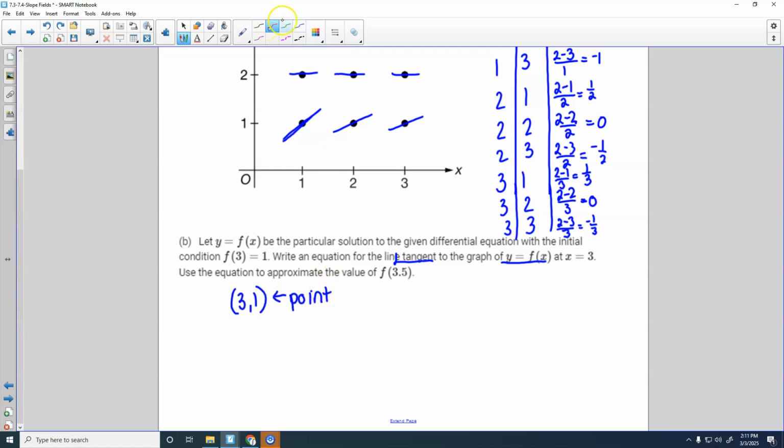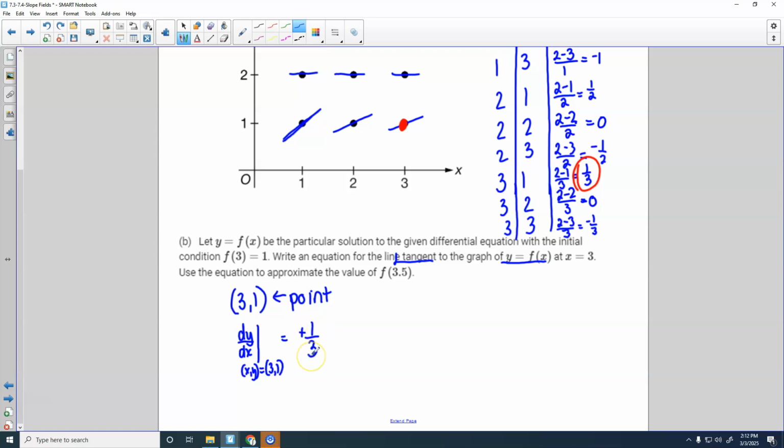And so you're not required to do this, but 3, 1, we're talking about this point right here. What is my slope at 3? It is 1/3. I could pull that from my table right here. To write it over here, I would say dy/dx such that x, y equals 3, 1 is going to be positive 1/3.